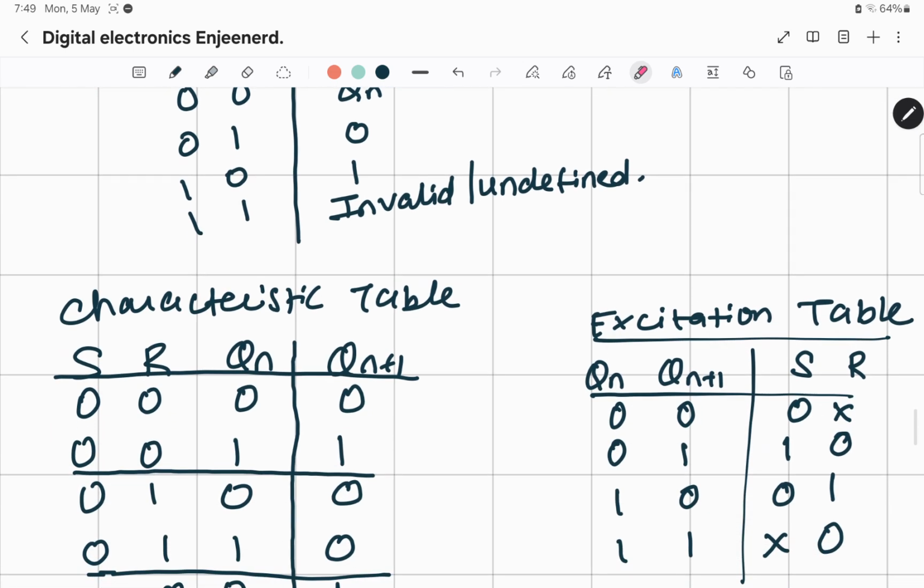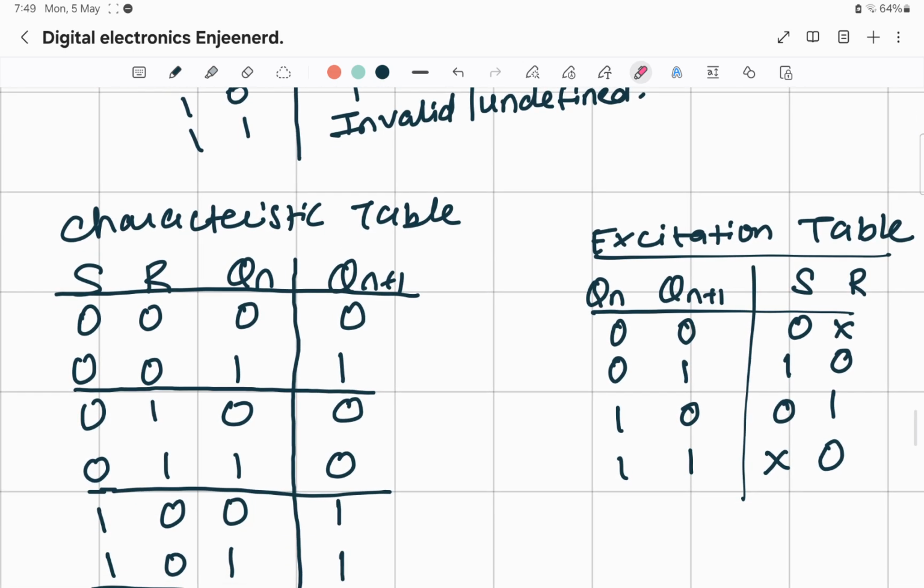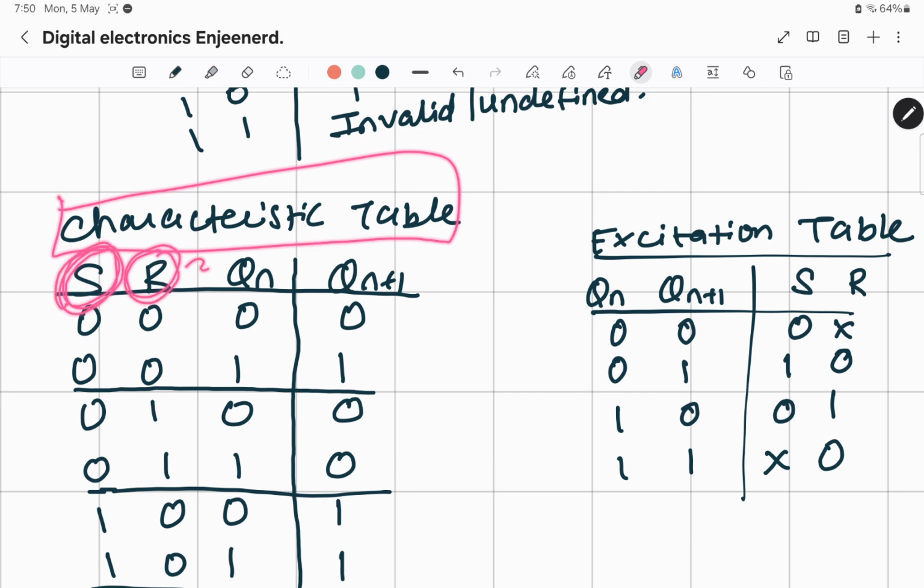Coming to the characteristic table, we will first have S, R and the present state. For given S, R and the present state, we will find out what is the next state of that flip-flop.